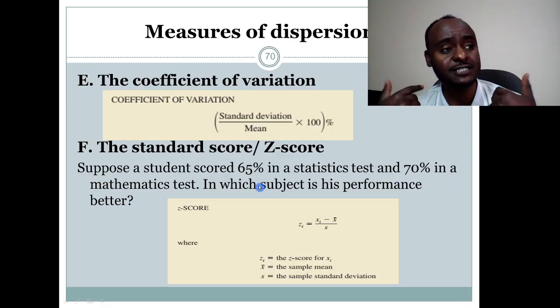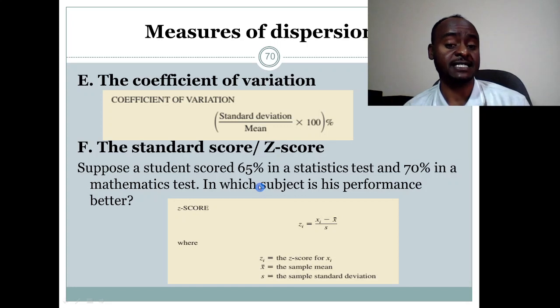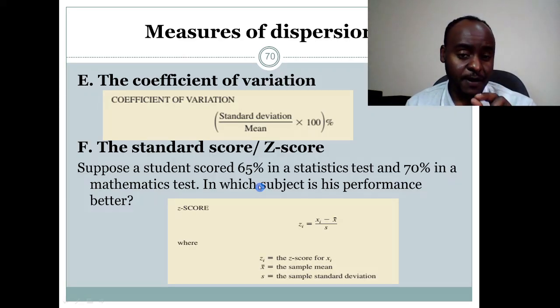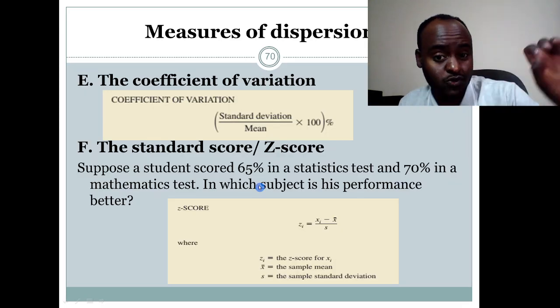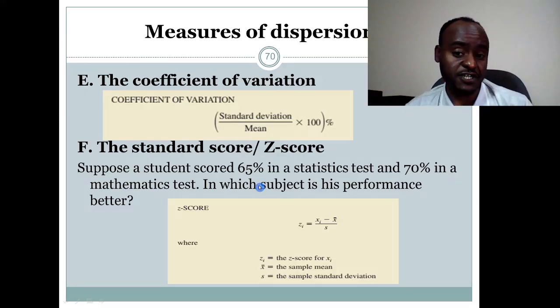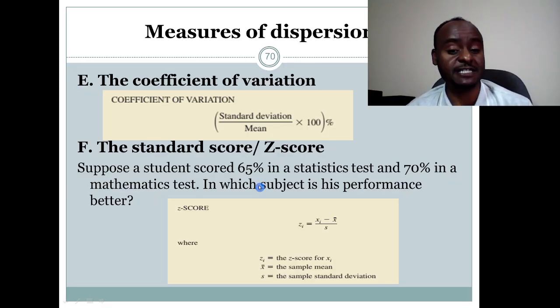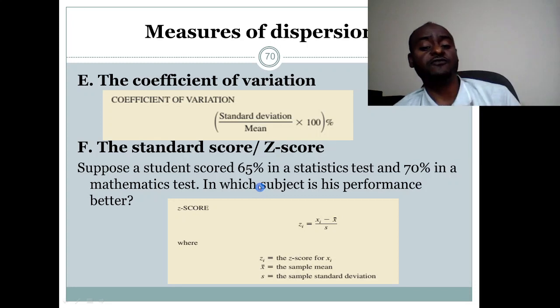In order to know which data set has high variation, we can use the coefficient of variation. It helps us to measure variation of different data sets, and to make comparison of two data sets. There is no unit of measurement in the coefficient of variation. That's another interesting thing about the coefficient of variation.